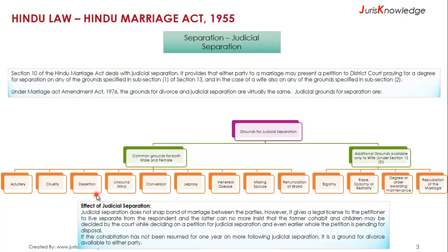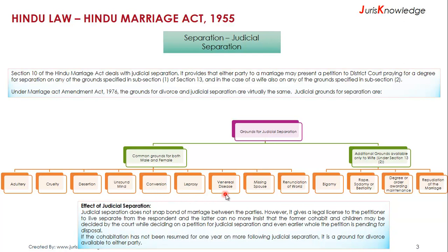Desertion. Either of the spouse, if not alive or is missing since 7 years and above, calls for a judicial separation. Unsound mind. Either of the spouse, if is of unsound mind, the other person can file for a judicial separation. Conversion. If either of the spouse is forcing the other to convert to his or her religion, can file for judicial separation.